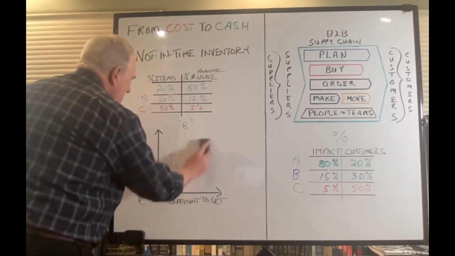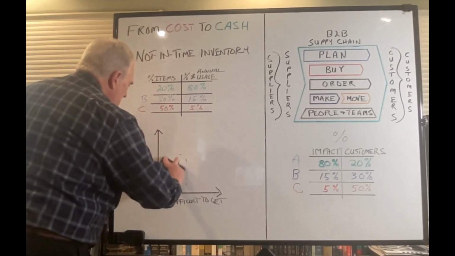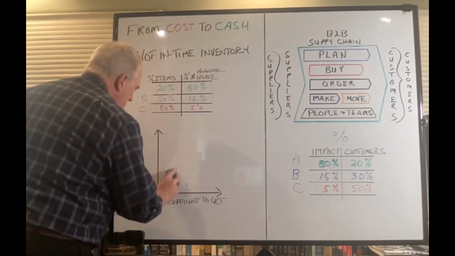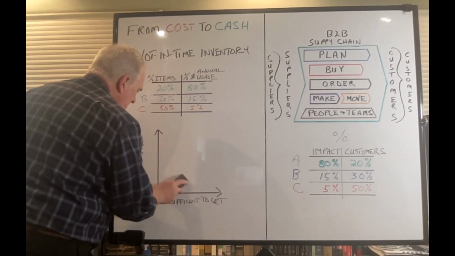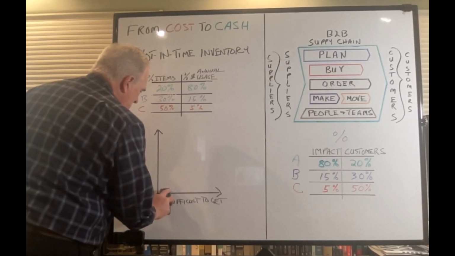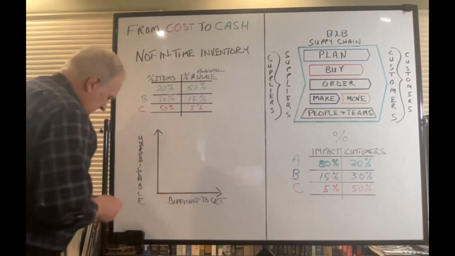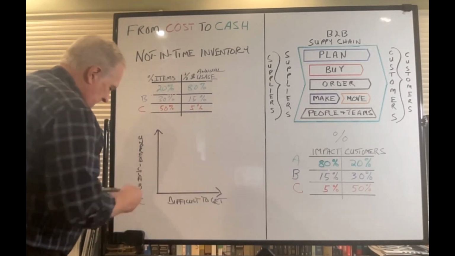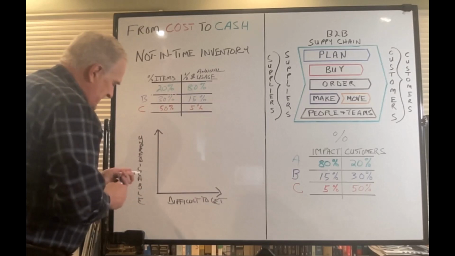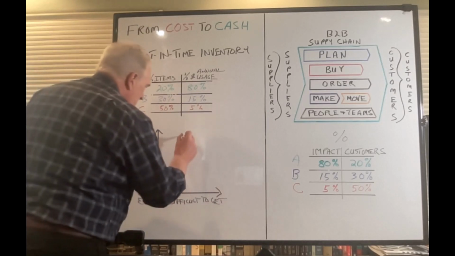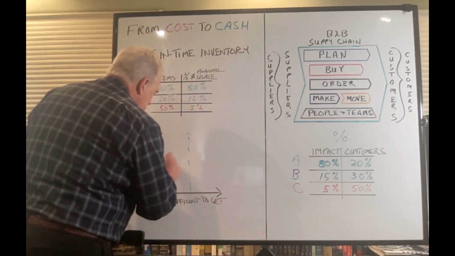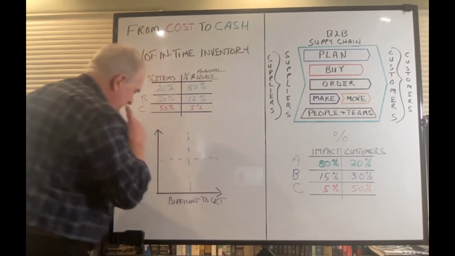Now we get to the A items, which are the ones that really have the biggest dollar impact. And there we need a more careful analysis of each one of them to see exactly where they fit. Because the A items make a big impact financially, and they're probably key to our production and to our customer service levels.